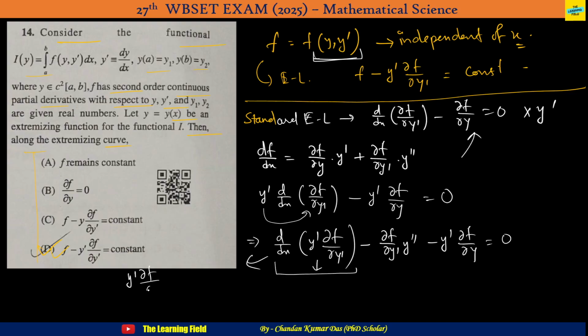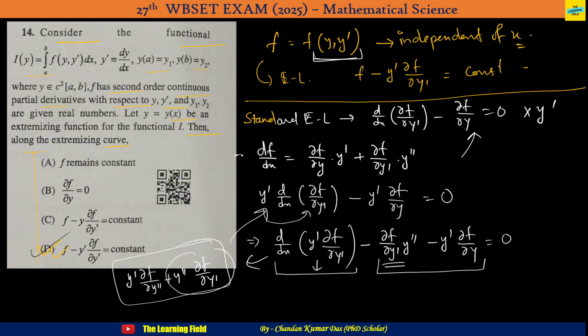If we break this term, we actually get y dash ∂f/∂y plus y double dash ∂f/∂y dash. This term is not present in the line above, so we have excluded it. Now what is the value of this? From this line, the value is df/dx. So d/dx of y dash ∂f/∂y' minus df/dx is equal to 0.